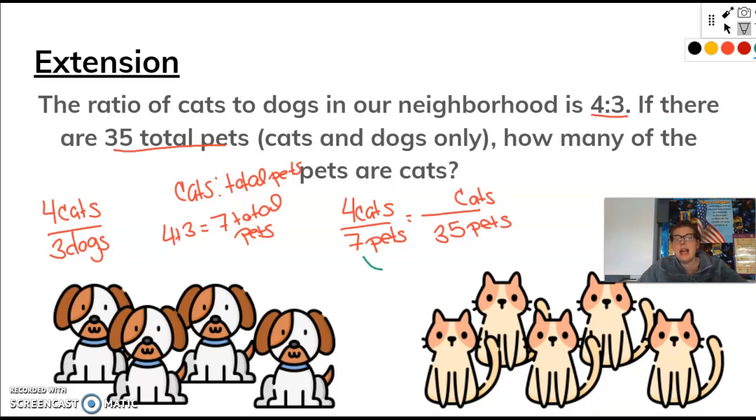So 7 times what number is going to get us to 35? So hopefully you know, well, 7 times 5 is 35. So whatever you multiply the bottom by, you have to multiply the top by. So since I multiplied the bottom by 5, I'm going to multiply the top by 5. I'm going to write that underneath so we can see it a little better here.